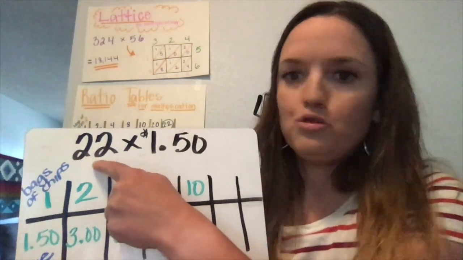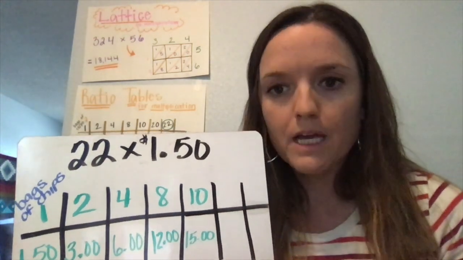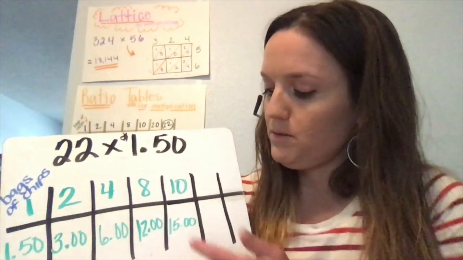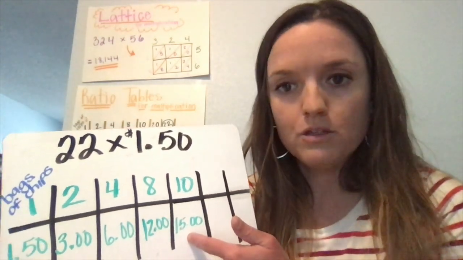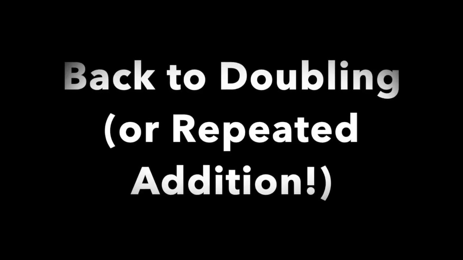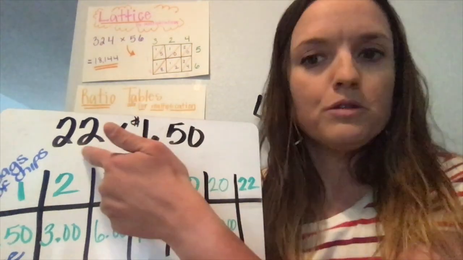We need to get to 22. I'm going to think about, well, 10 plus 10, or 10 doubled, is 20. And I'm simply going to double the answer for 10 to get our answer for 20. Now that I've hit the number 20, I'm really close to the number 22.